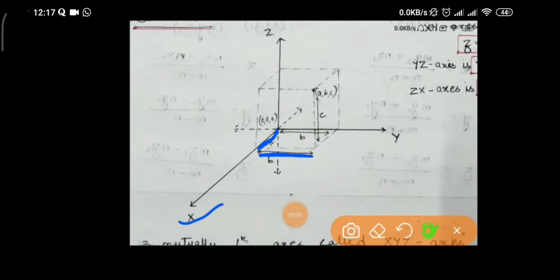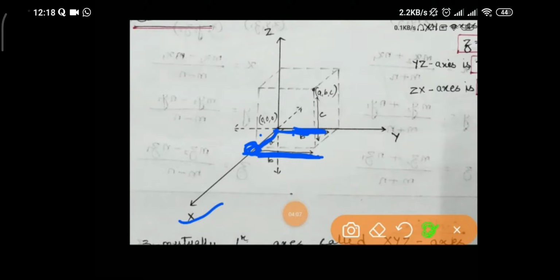See, I'm moving along this direction, but starting from here, I have to move in this direction. I cannot move along the y-axis, I have to move in this plane here. So I have moved B in this direction, then I have to move C in this direction, then I will reach this point. Understand?